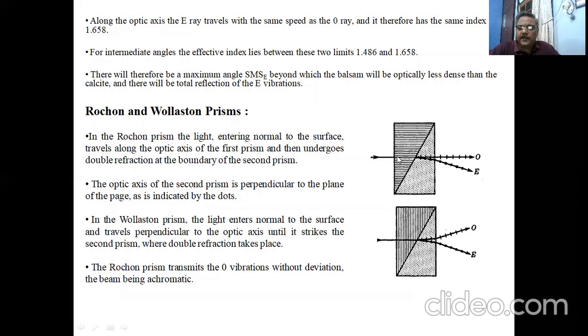If the first part has the optic axis in the horizontal direction, then what we will get is the ordinary light going straight and the extraordinary light coming out at an angle. And if the optic axis of the first part is in the perpendicular direction, then the ordinary and the extraordinary light both will be deviated from the main axis.